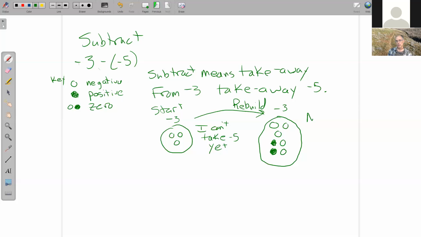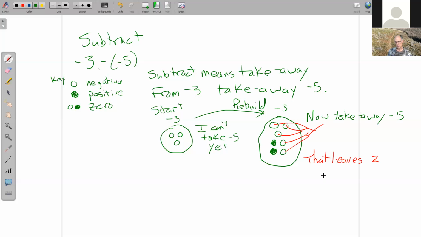But now I can take away -5. And so I just pick this one, and that one, and this one, and that one, and that one to take. And so that leaves 2.